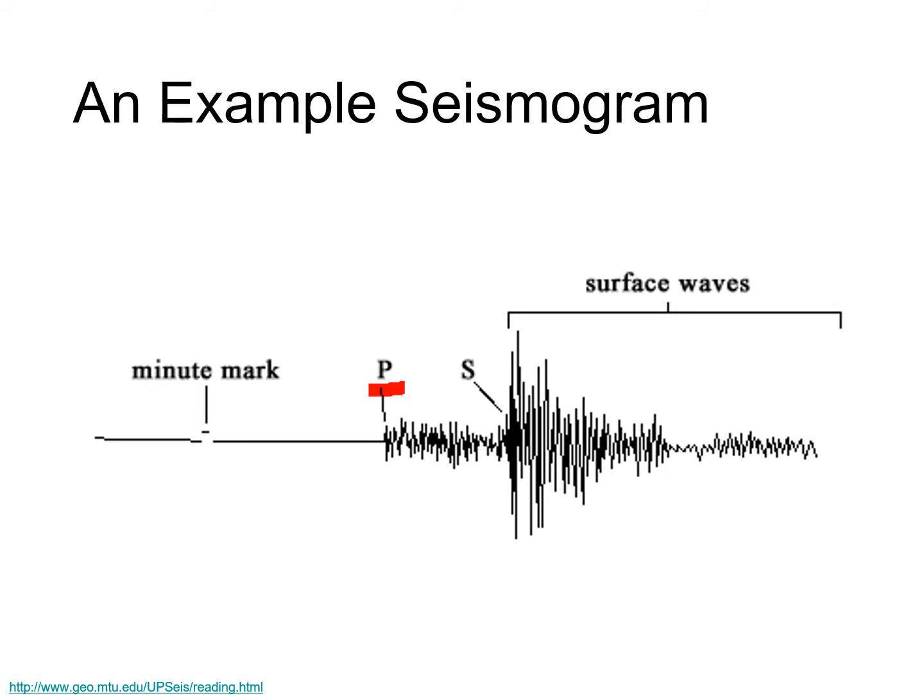Then we have the S wave coming. Again, the S wave started at the same time, but it travels just a little slower, and so it'll arrive second at the seismograph. Following the S waves, we get the often more violent surface waves. And again, it's the surface waves that typically do more of the damage.